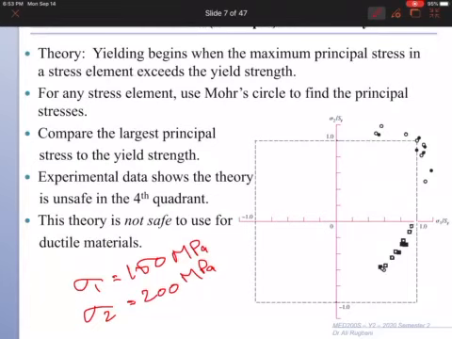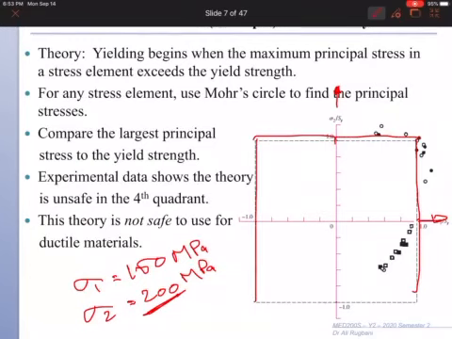So to be safe, I will choose a strength larger than the largest stress, which is 200 megapascal. So on this axis I will draw sigma 1, and on the vertical axis I'll draw sigma 2, and this is the limit.